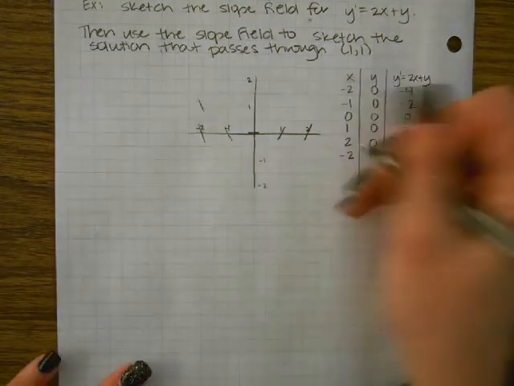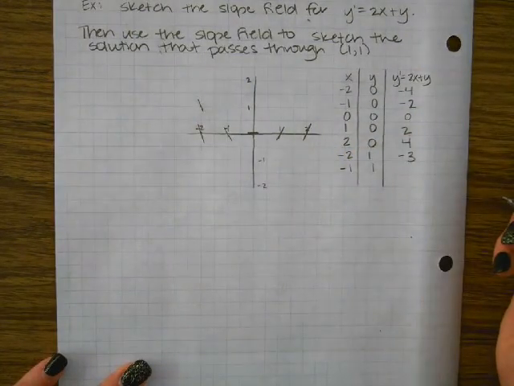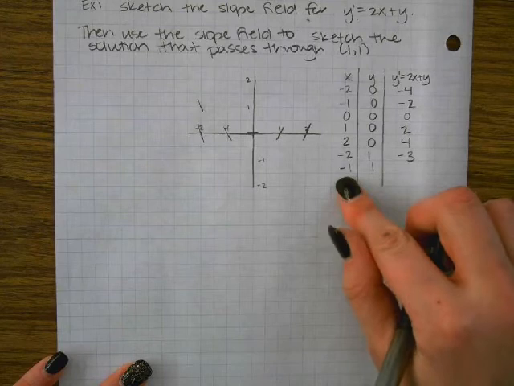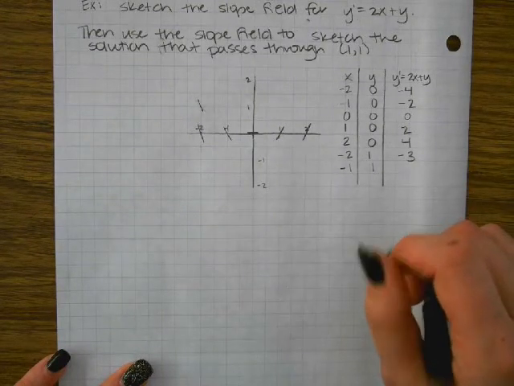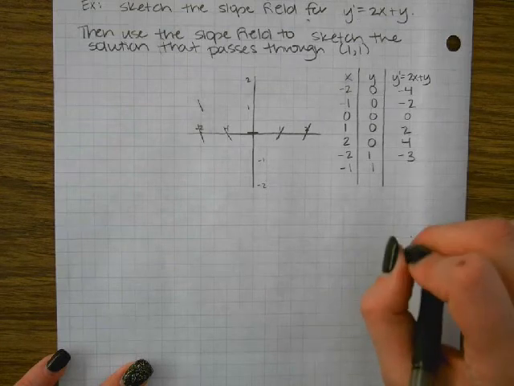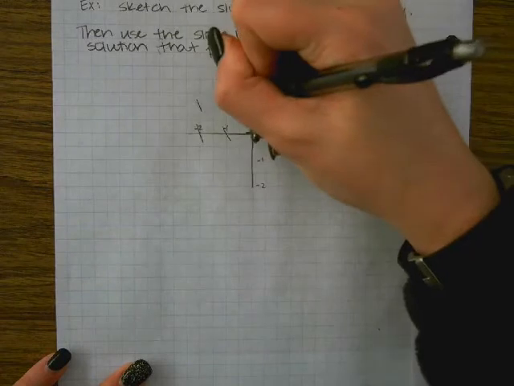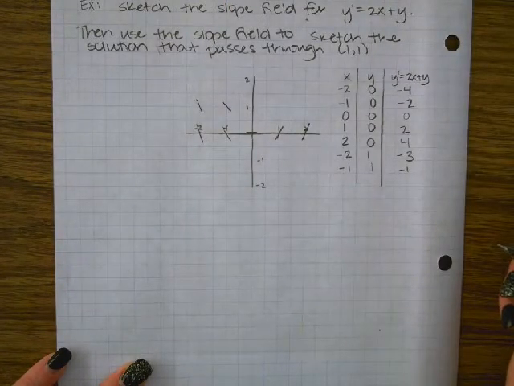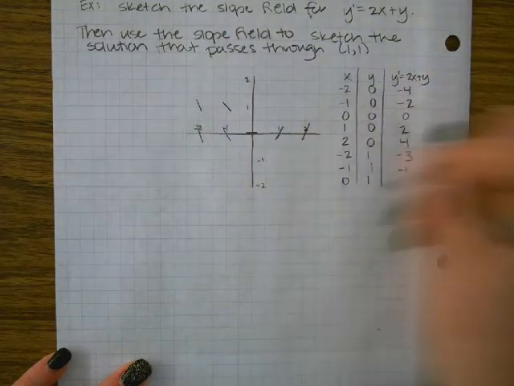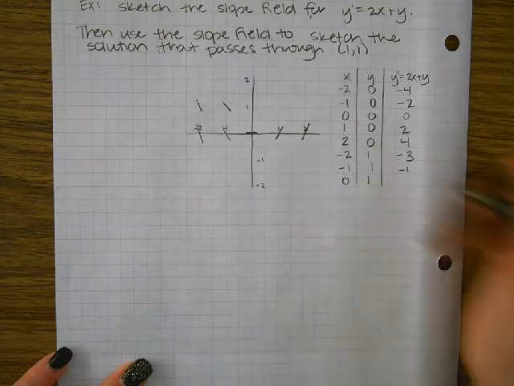How about the point -1, 1? What would that be? -1? How about 0, 1? Would be 1.